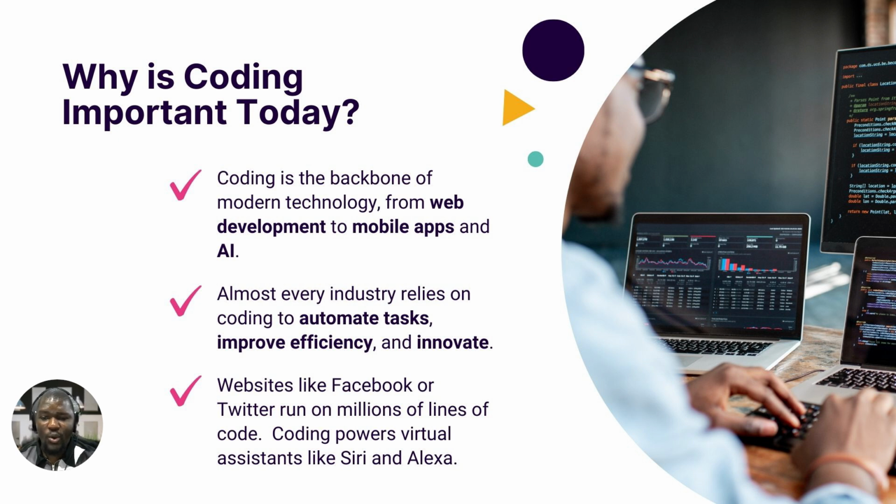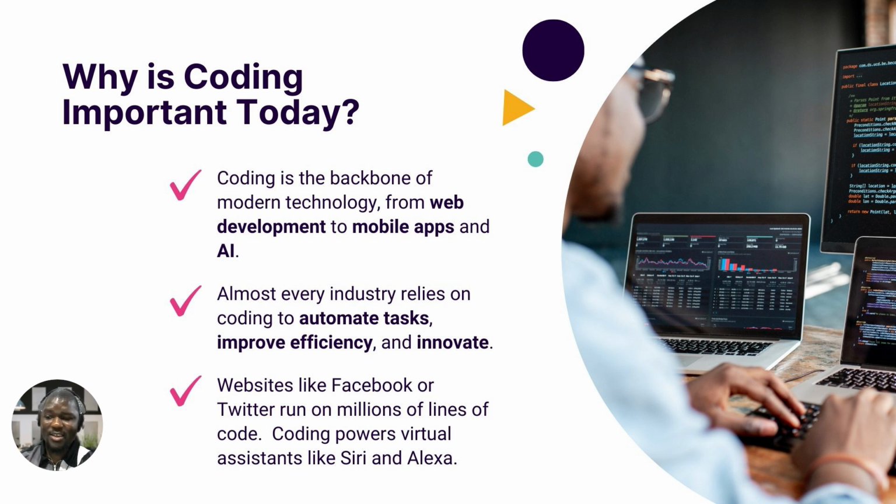Okay, so almost every industry relies on coding to automate tasks, improve efficiency and innovate. When you say every industry, it means currently it's uncommon to find a company without a computer. And a computer has an operating system which was coded, so coding is at work.